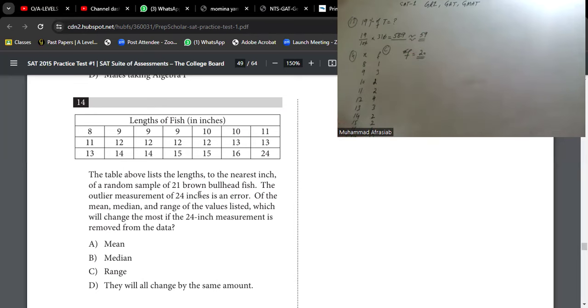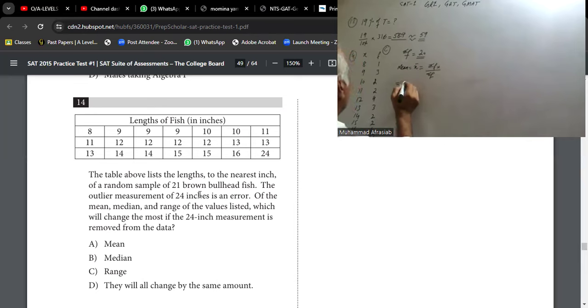Now we will see whether the mean, median, or the range is the best selection. So we know that for the mean, that is x bar, it is sigma fx over sigma f.